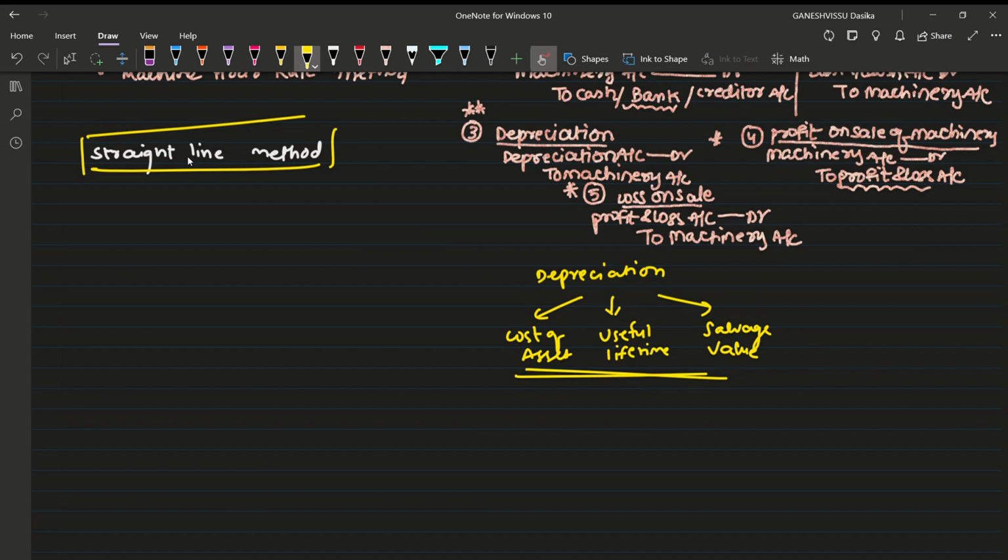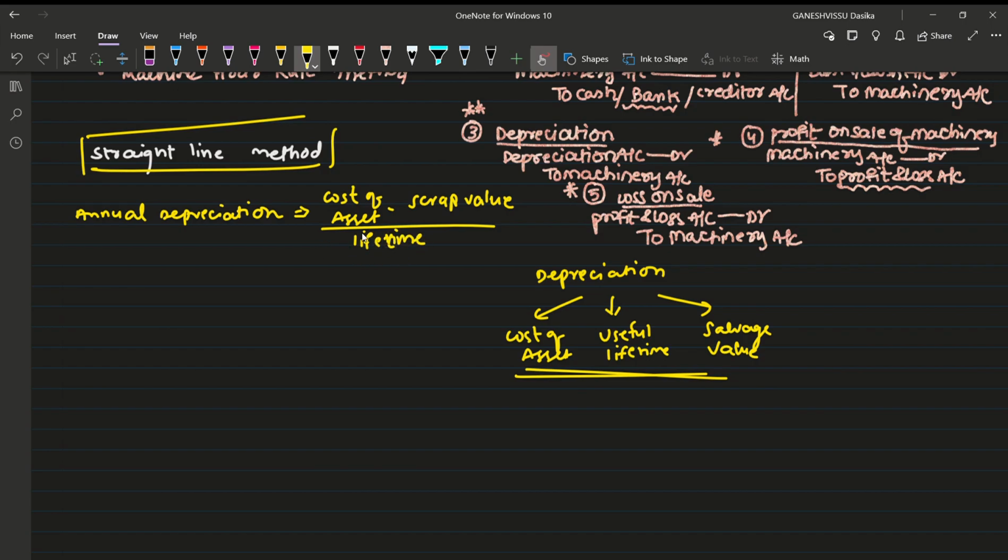Under this method, the annual depreciation formula is: annual depreciation is equal to cost of the asset minus scrap value, divided by the useful lifetime of the asset.